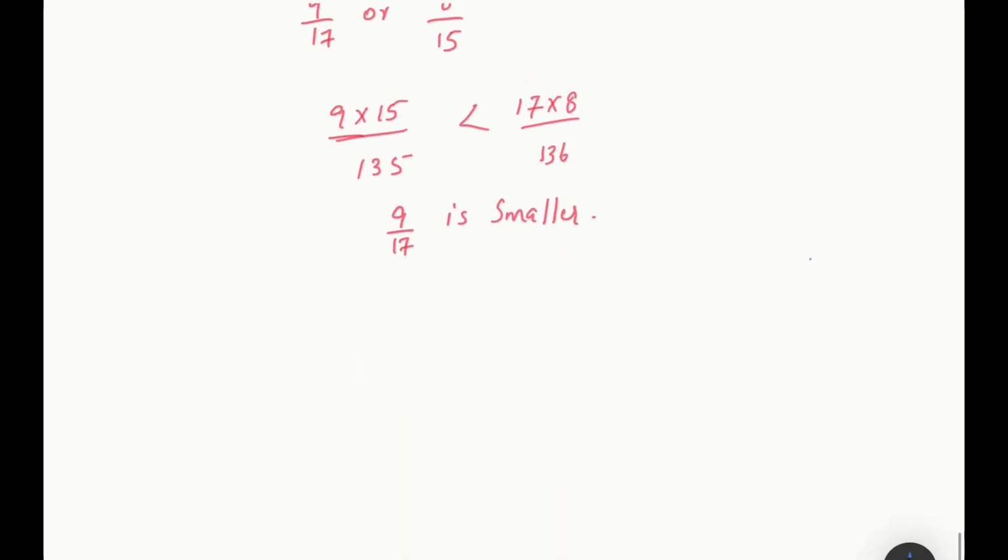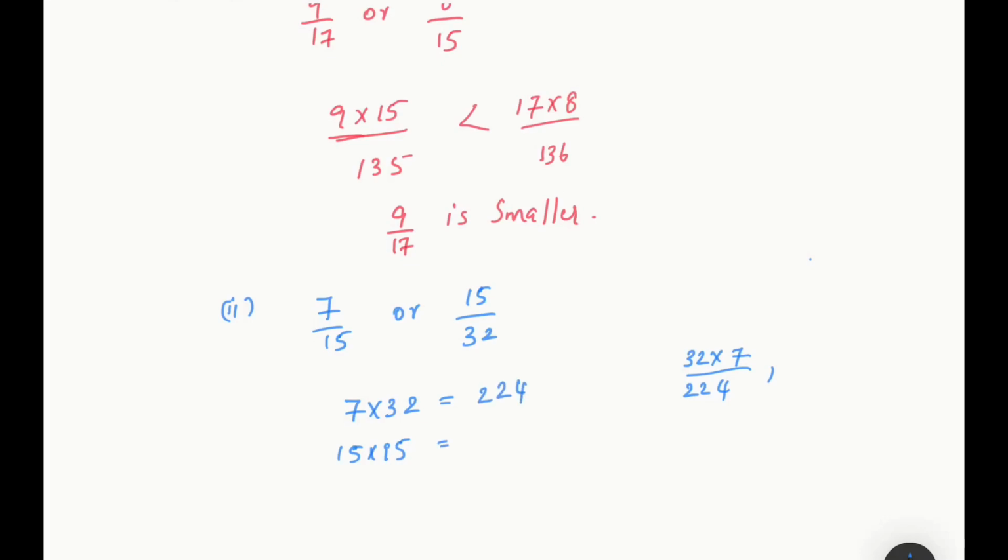Now let us do the second sub question of the second one: 7 by 15 or 15 by 32. Again, 7 into 32 is the first one, 15 into 15 is the second one. 7 into 32: 7 twos are 14, 1 balance, 7 threes are 21, 22.